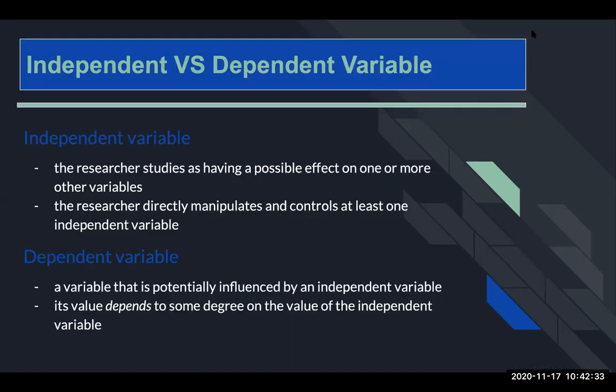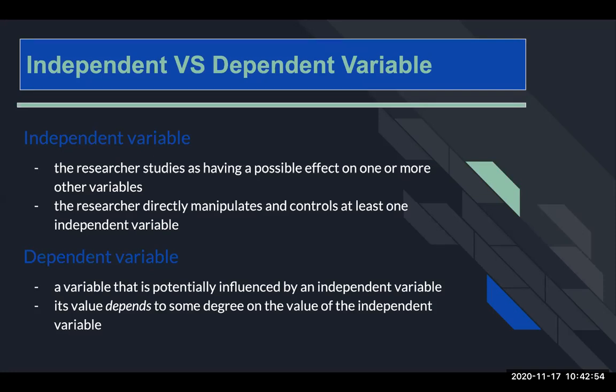Following this is a review of independent versus dependent variables. An independent variable is one that the researcher studies as having a possible effect on one or more other variables.